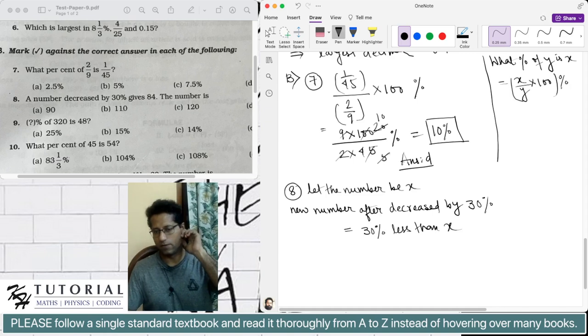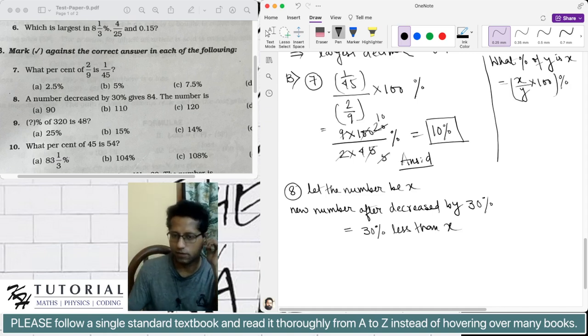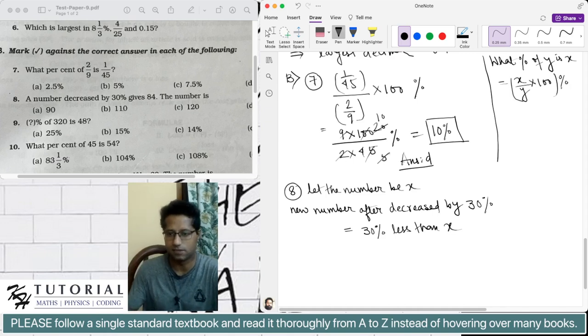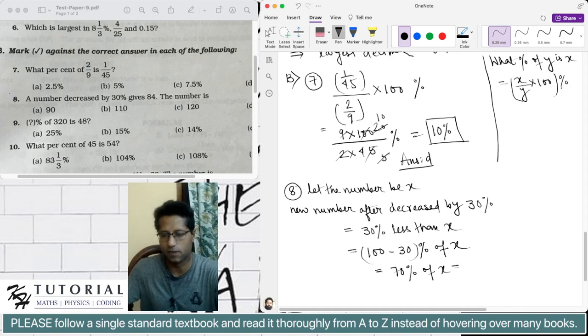So if we have assumed the number to be x, and if the number is decreased by 30%, then the new number has to be 30% less than x. And we know that 30% less than x means 100 minus 30, this percentage of x. This is equal to 70% of x. 70% means 70 by 100 of x.